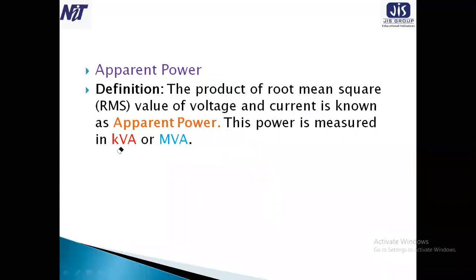How is the apparent power measured? With the help of kilovolt ampere or megavolt ampere: volt ampere, VA, sometimes kVA, sometimes MVA. So this is the measure of the apparent power.